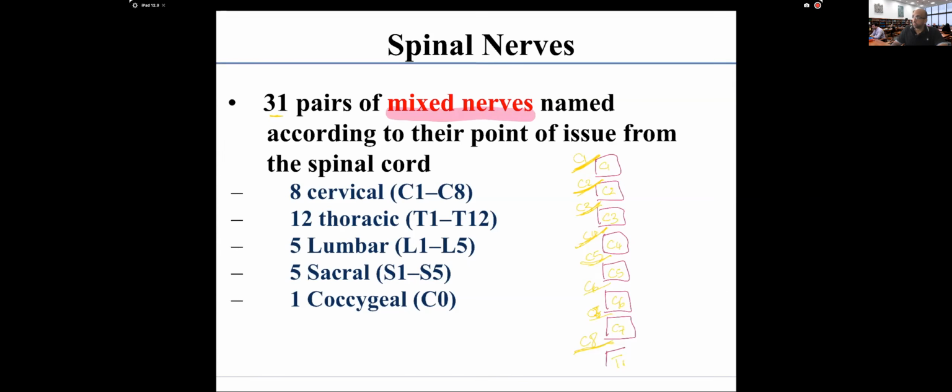According to the point of issue from the spinal cord, we name those spinal nerves. We have 8 cervical nerves from C1 to C8, 12 thoracic nerves from T1 to T12, 5 lumbar, L1 to L5, 5 sacral nerves from S1 to S5, and 1 coccygeal nerve, which is C0.